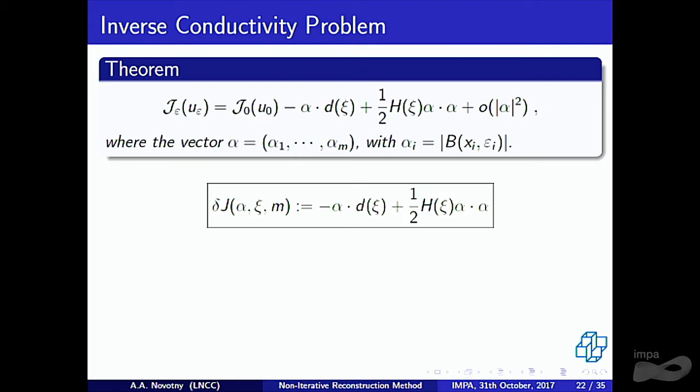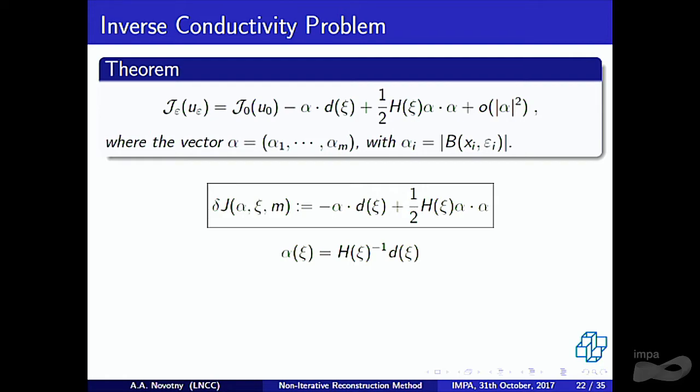In this case, this is positive definite, so this is a strictly convex function. So if we minimize with respect to alpha, we land in this simple linear system to solve. The size of this linear system is m times m. m is the number of inclusions we are looking for.